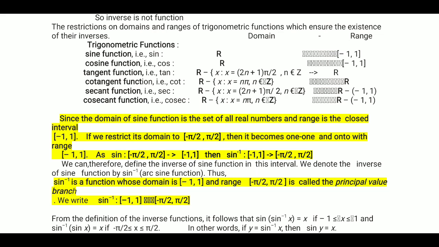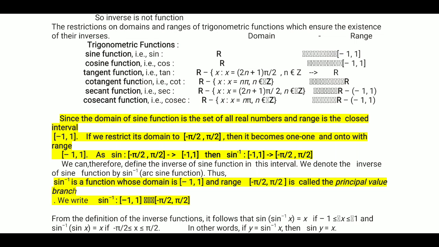As sine function from [-pi/2, pi/2] to [-1, 1], then sine inverse will be from [-1, 1] to [-pi/2, pi/2]. We can therefore define the inverse of the sine function in this interval.